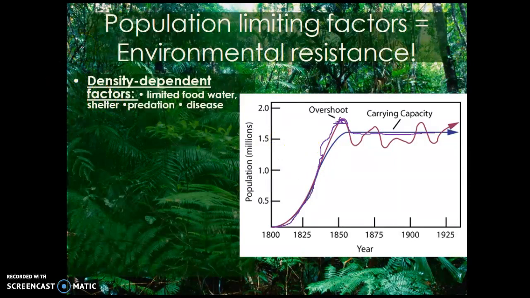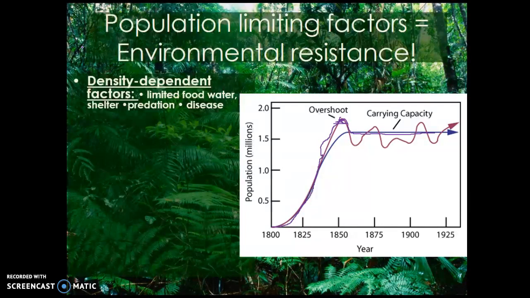And a lot of times carrying capacity, or how much the environment can support, is going to depend on what we call a density-dependent factor. This is going to be your necessary resources like food, water, and shelter. Predation and disease is also really important when looking at density-dependent factors.